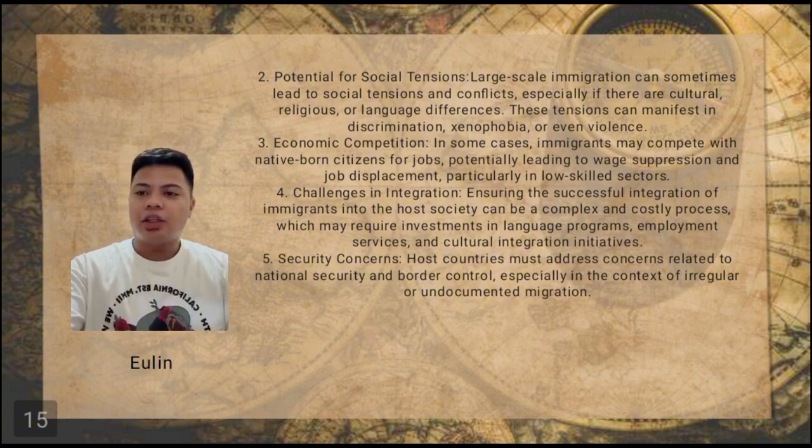Ensuring the successful integration of immigrants into the host society can be a complex and costly process, which may require investments in language programs, employment services, and cultural integration initiatives. Number five, security concerns. Host countries must address concerns related to national security and border control, especially in the context of irregular or undocumented migration.